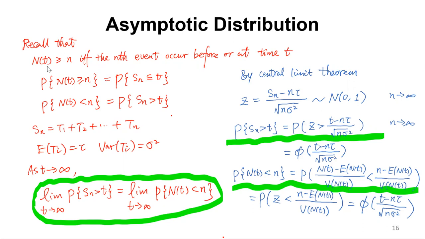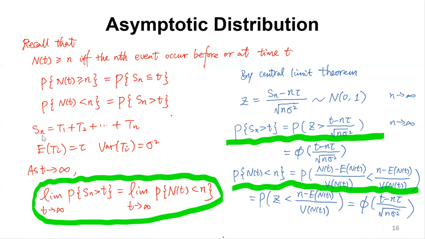So let's recall that N(t) greater than or equal to n if and only if the nth event occurs before or at time t. So N(t) less than n means that if by time t we don't have n events, then Sn should be greater than t. Okay, so those are equivalent.